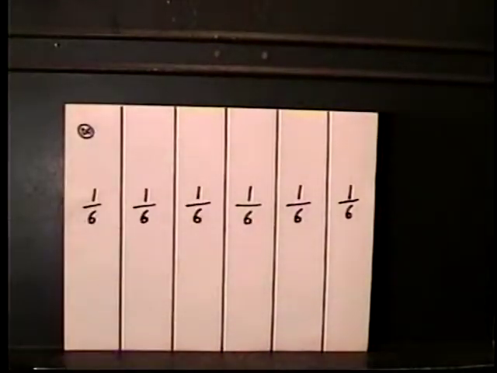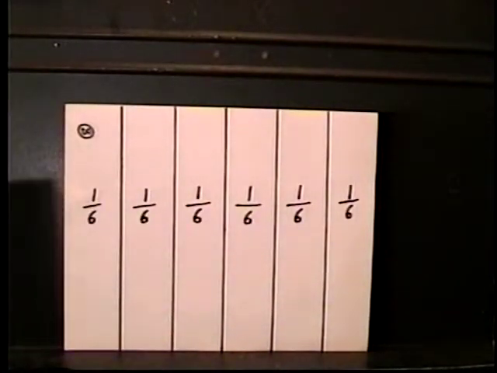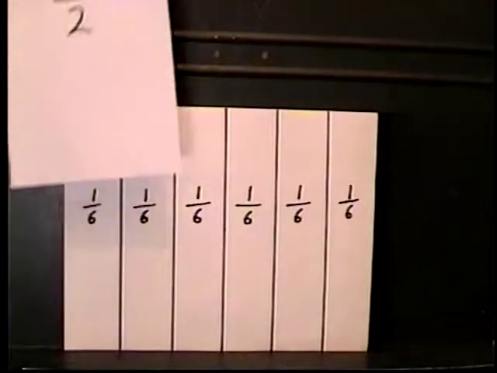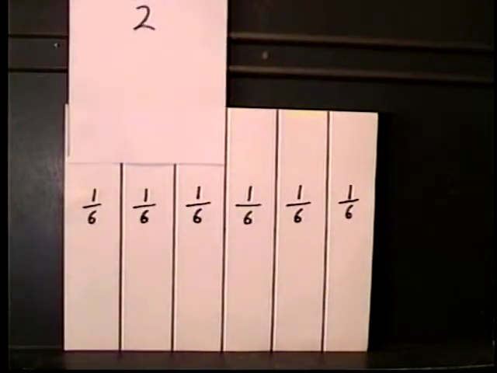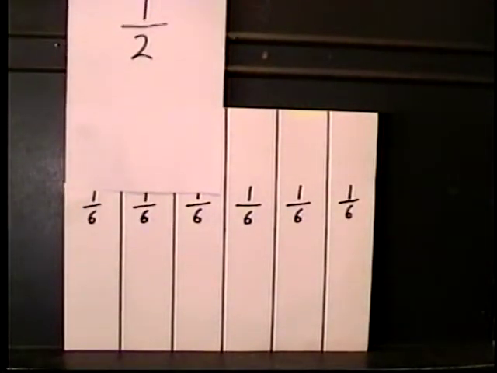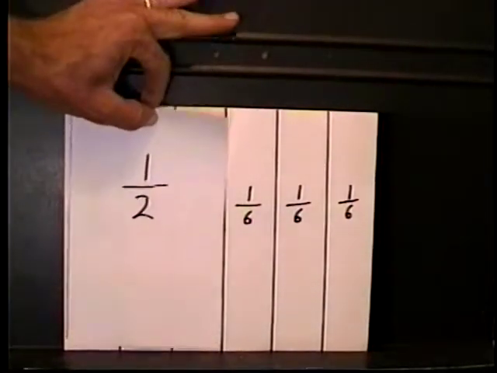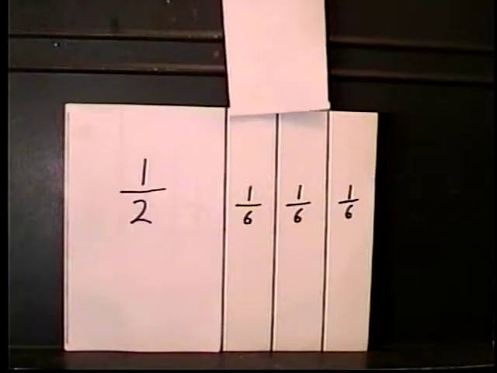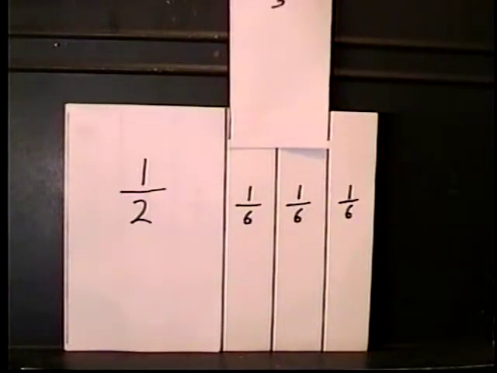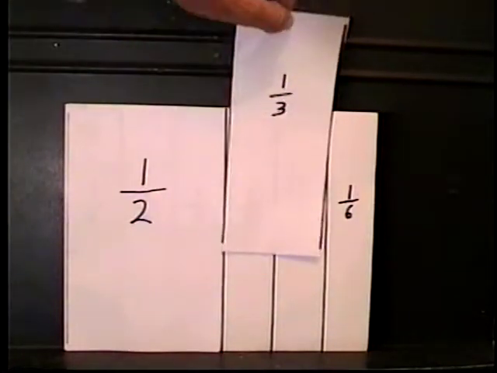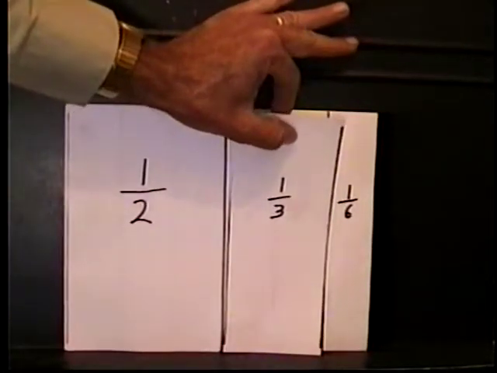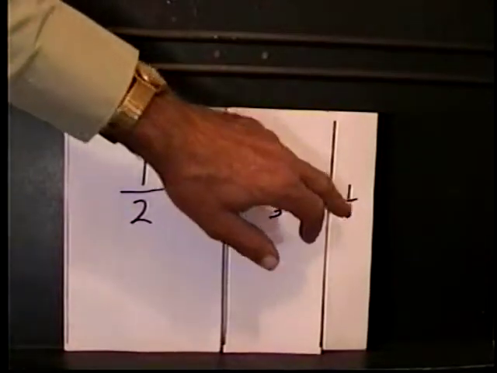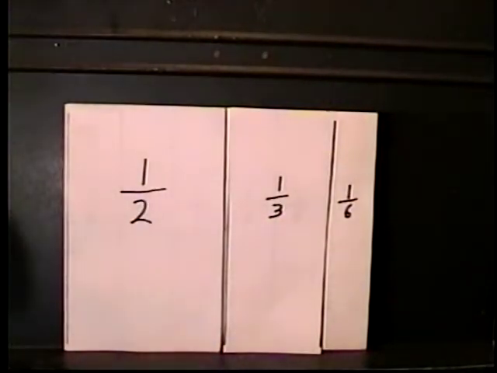But if you can see our whole sheet of paper, I've got it marked off in 6. See how 1/2 the sheet of paper is going to cover 3 of those sixths? Then it looks like that 1/3 of the sheet of paper covers 2 of the sixths, and then we have 1/6 left over.